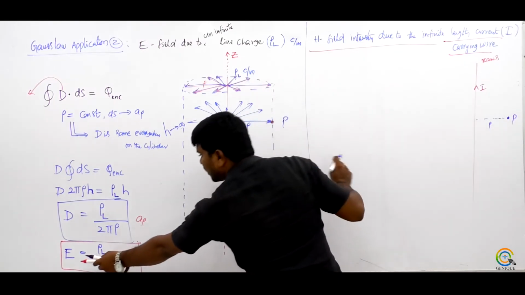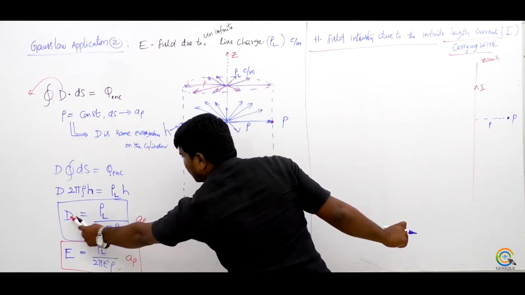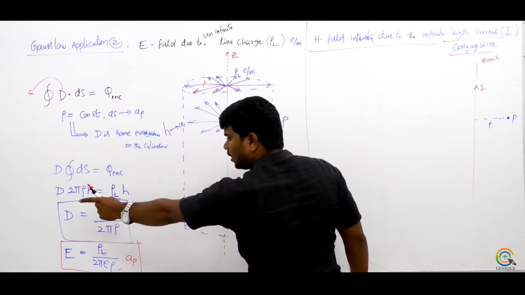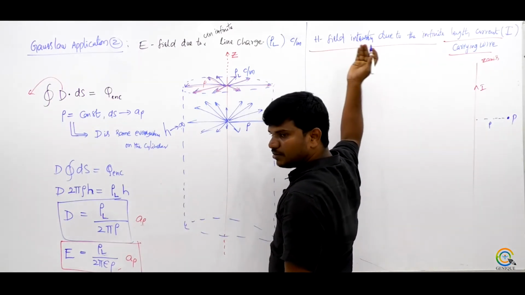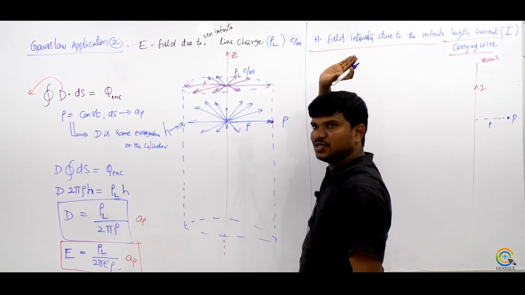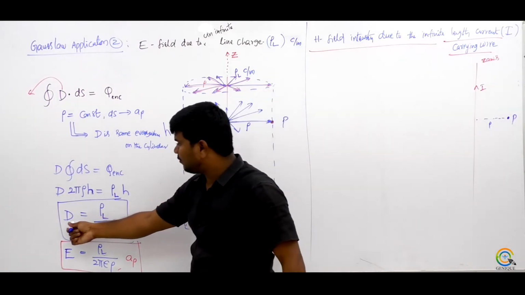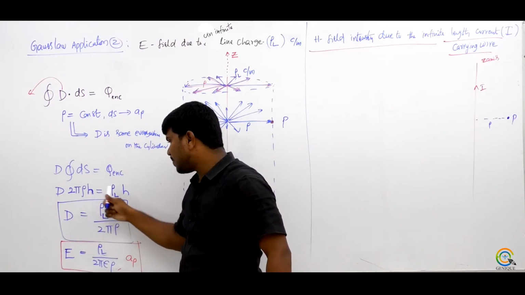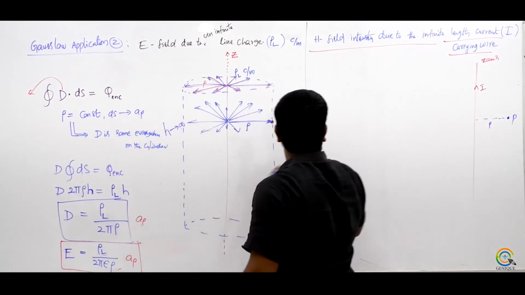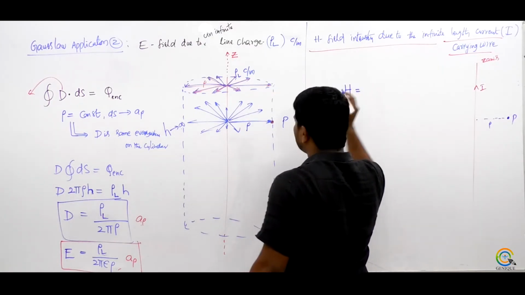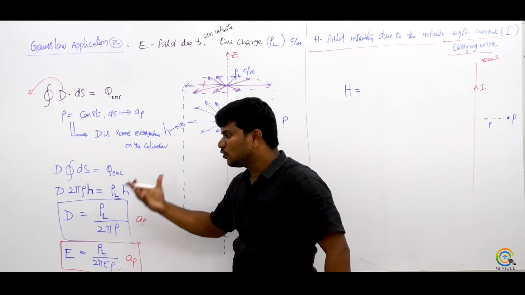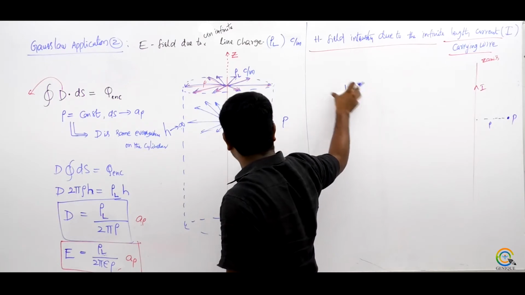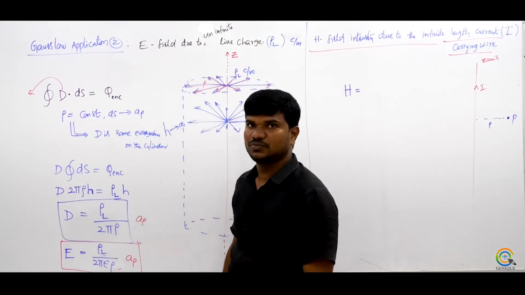Due to this I, there also we first find D. Here, on the right side, for the magnetic field I found H. The electric field strength, this D, is represented as rho L divided by 2 pi rho. But here for the magnetic field strength, I am just simply explaining how to write the magnetic field intensity by using electric flux density.